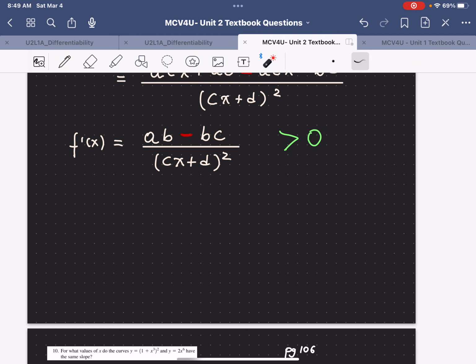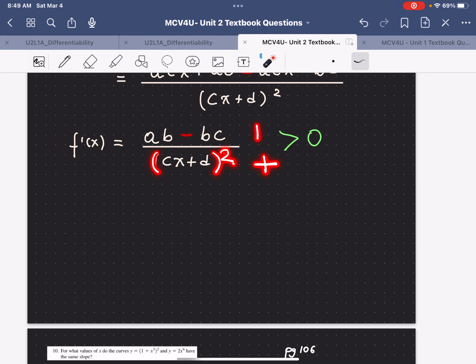For the derivative to be positive, we want either both numerator and denominator to be positive, or both numerator and denominator to be negative. Now, we know that whenever we square an expression or a number, we get a positive number. So we already know that the denominator is positive.